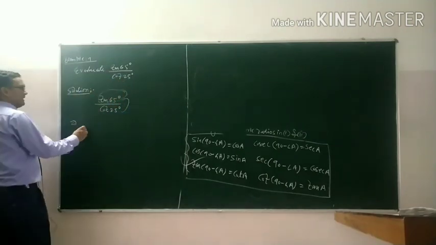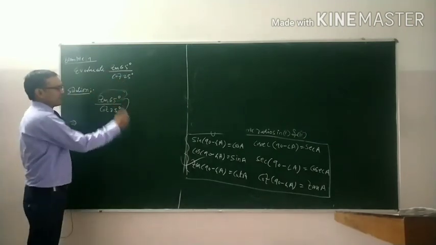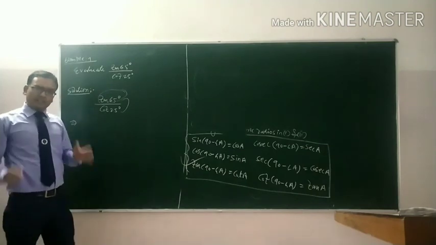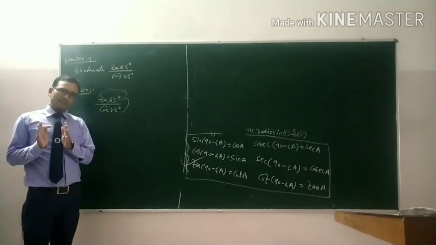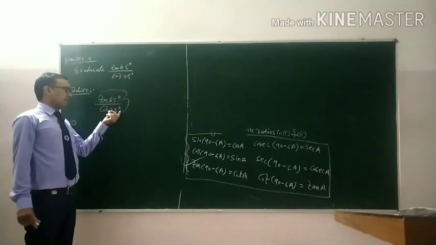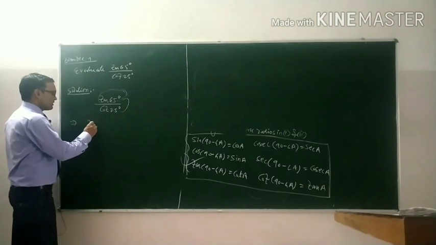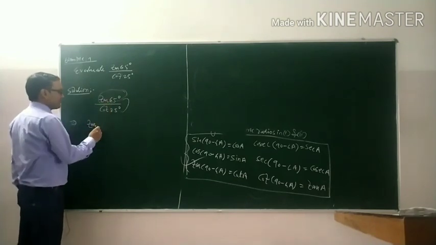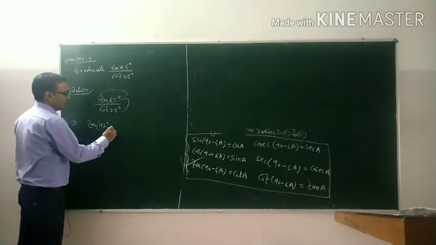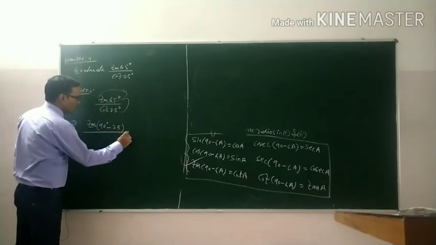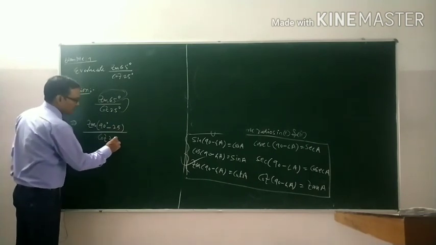This implies that 65 and 25 are complementary angles. We first check that 65 and 25 are complementary angles. Yes. Then tan 65 is also written as tan 90 minus 25 upon cot 25.